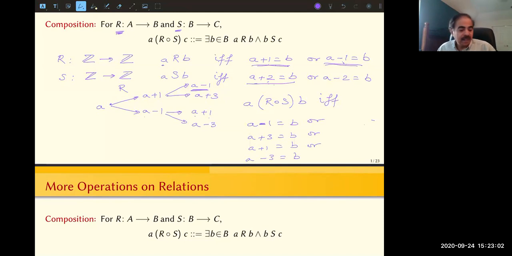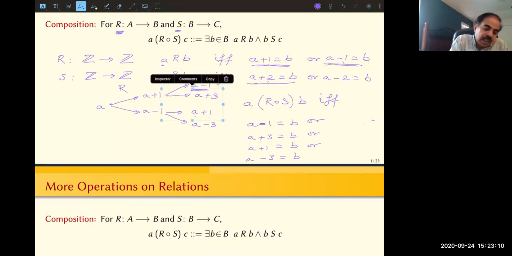But the point is that you need to think about finding all the elements. The way you compute this is you find all the B's to which a given A is related, and then from each B, find all the C's that it is related to, and all of those are in the composed relation.